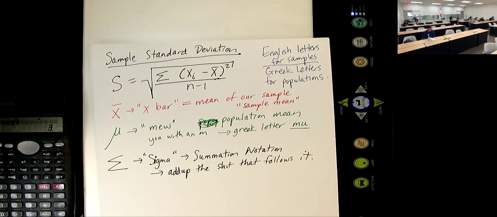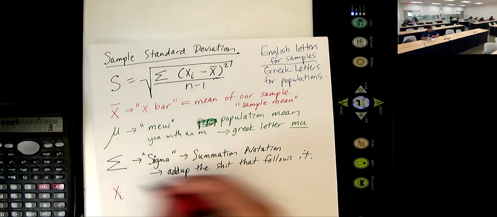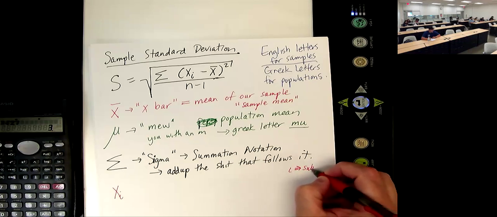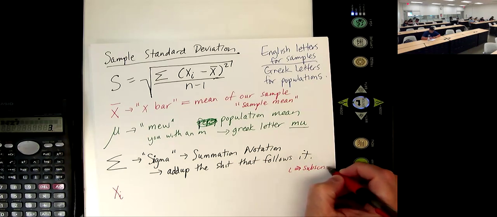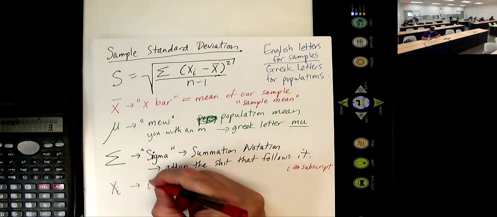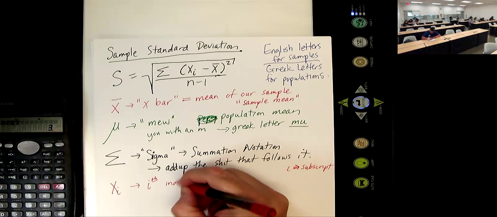The other characters here: x with an i. The i is in subscript. Exponents are in superscript. When it's written down below, at a lower level, it's called a subscript. This is the i, an individual data entry.